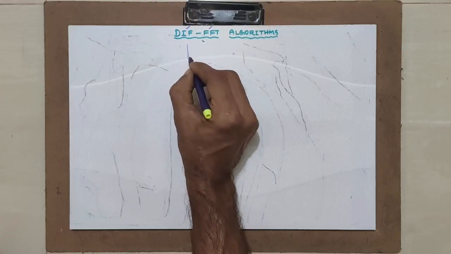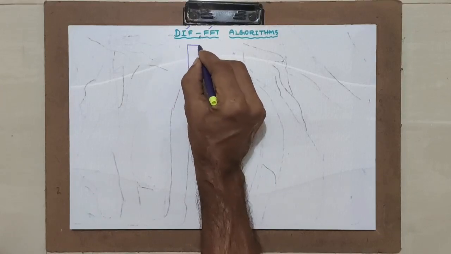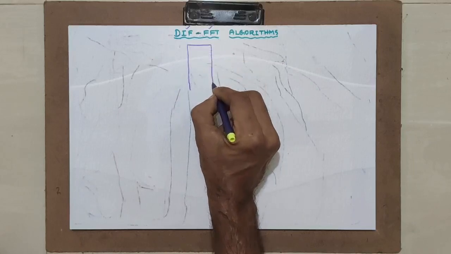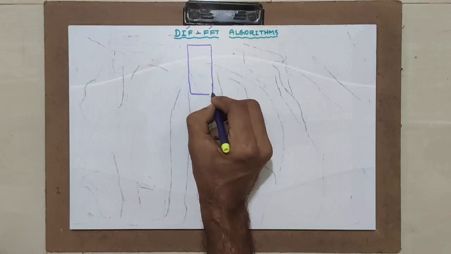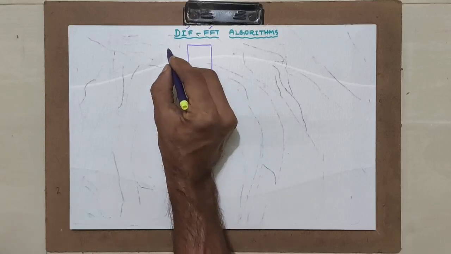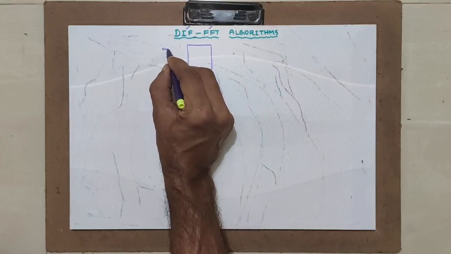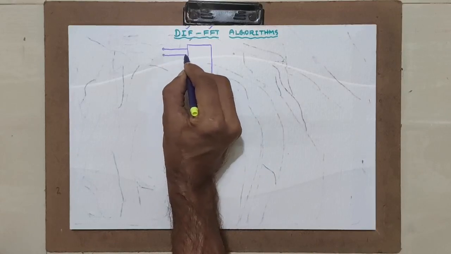The algorithm, how it is. Let me take this as an algorithm, maybe the first stage or a full flow diagram, whatever it is. How will the input be in the DIT FFT? In DIT FFT, the input will be, say, let me take 8.